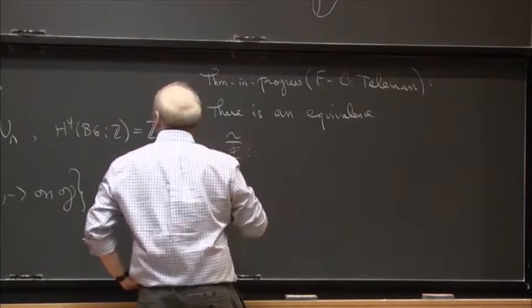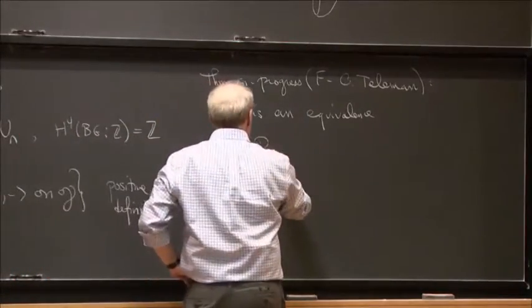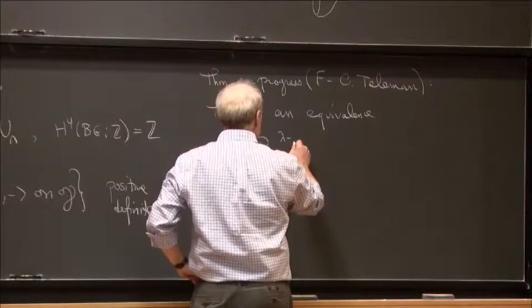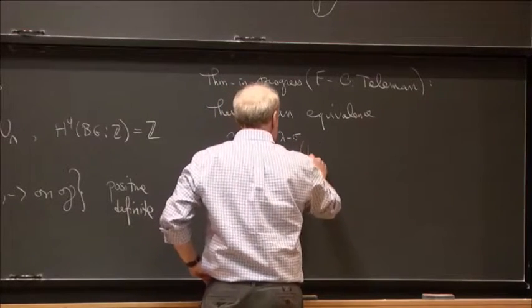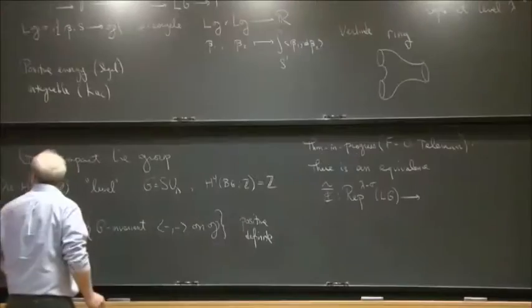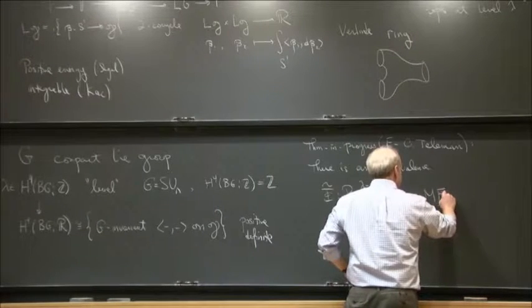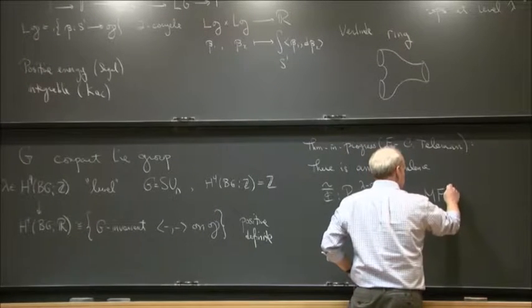I guess we could use the same letter between this representation category, this semi-simple representation category. And then we want a category that we'll call MF, which stands for matrix factorization.